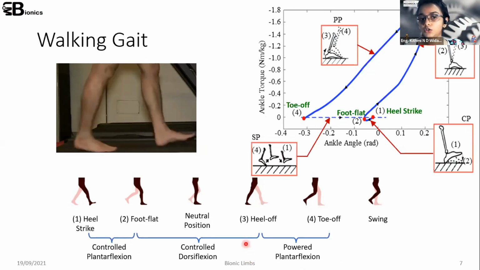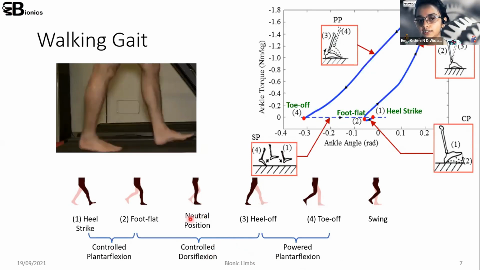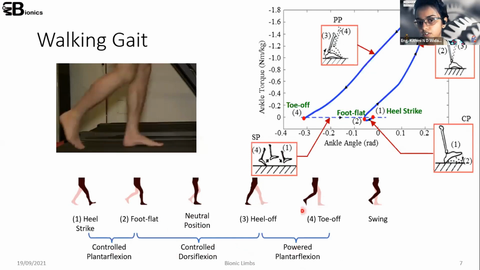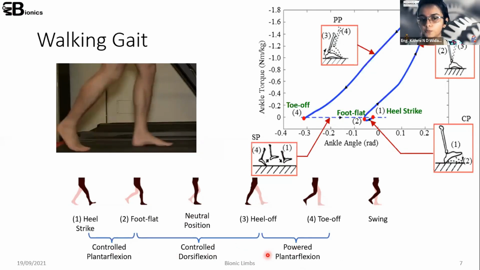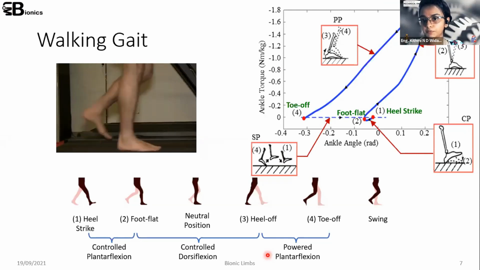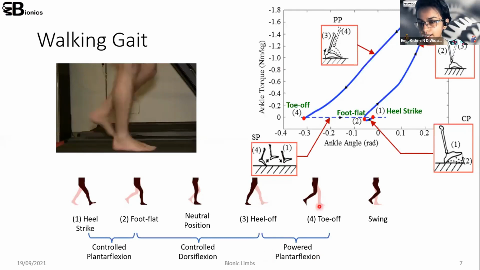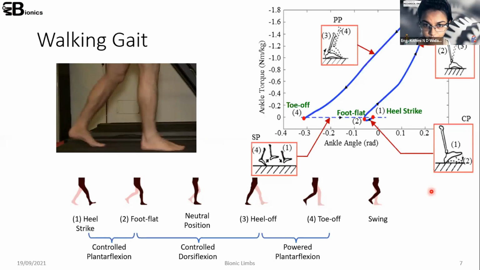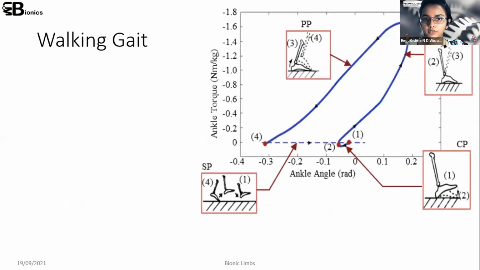We decided to use energy stored in the controlled dorsiflexion phase to power the powered plantar flexion phase together with the motor power. So basically, we use a hybrid powering mechanism where we can harness the body's energy in addition to the power provided by the motor.